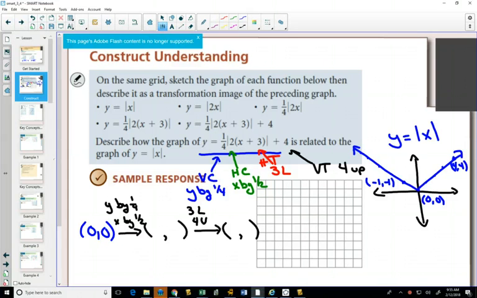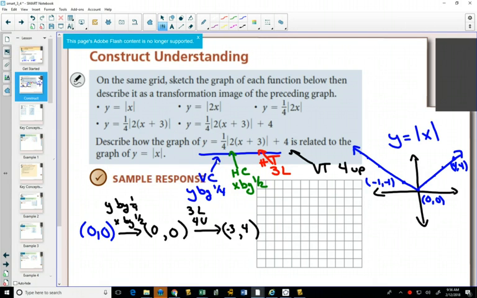And then we see what happens to the points when this gets done. 0, 0. Multiplying 0 by anything doesn't change anything. But 3 to the left and 4 up, we'll change this to -3, 4. Now I have lots of points on my original graph that I could choose.